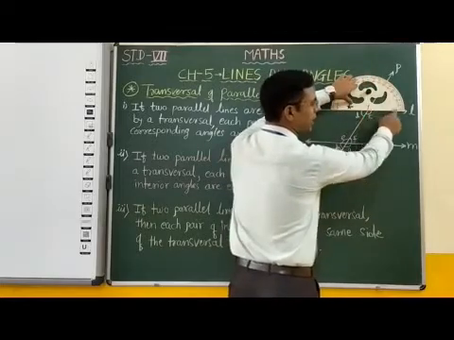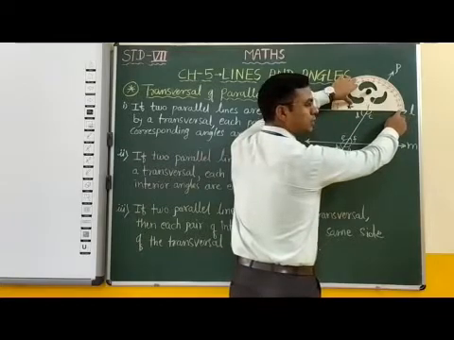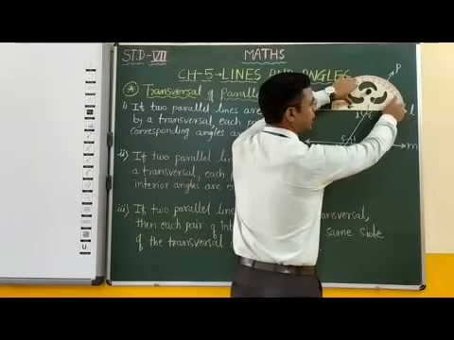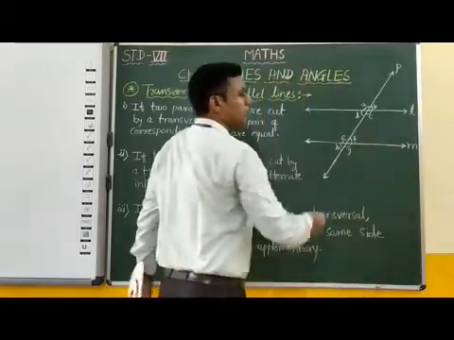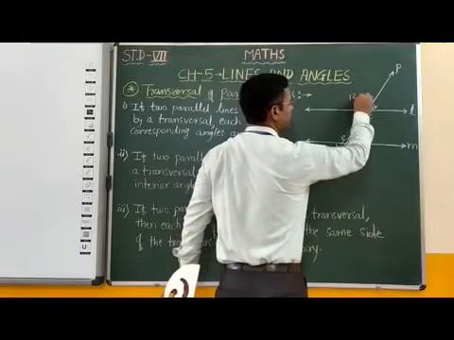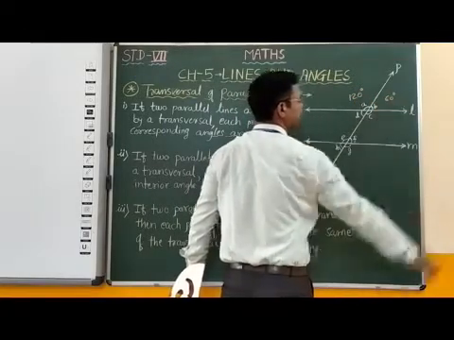And if you measure angle B, then this side 0, that is the inner scale, 10, 20, 30, 40, 50, 60. Therefore, the measure of angle A is 120 degrees and the measure of angle B is 60 degrees.